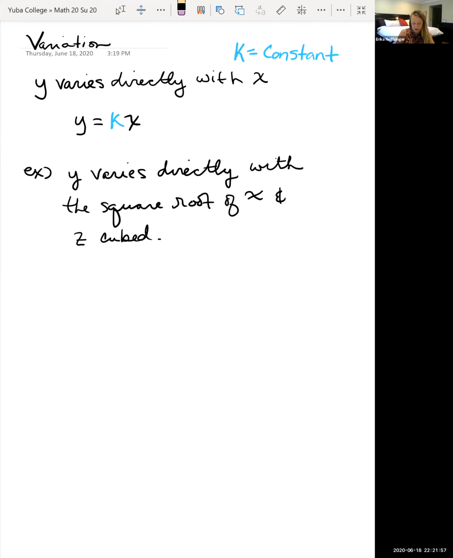The first thing when I'm writing these problems, and these are not like an application yet, is I would write out the general equation that this is telling me. Again, I have y varies directly. So y equals, and I'm always putting in that constant k. Part of our job is to be able to figure out what that k has to be for our problem. Varies directly means multiplication. It's telling me with the square root of x, so I'm going to write it with the square root of x and the z cubed. So I'm actually multiplying the square root of x times z cubed.